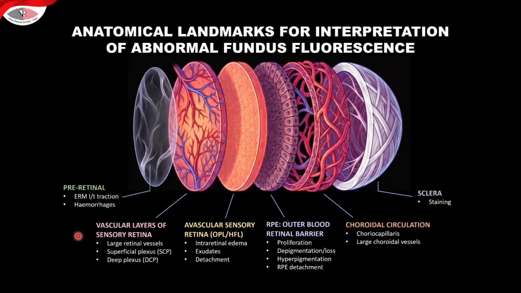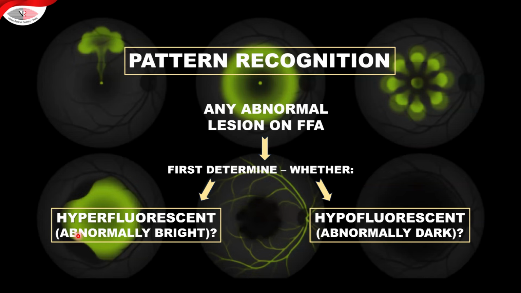Then the RPE, the outer blood retinal barrier, where there could be proliferations, depigmentations, hyperpigmentations, RPE detachments, and then the choroidal circulation, where there are the choriocapillaries and the large choroidal vessels, and then lastly the sclera. So that's how all the layers build up.